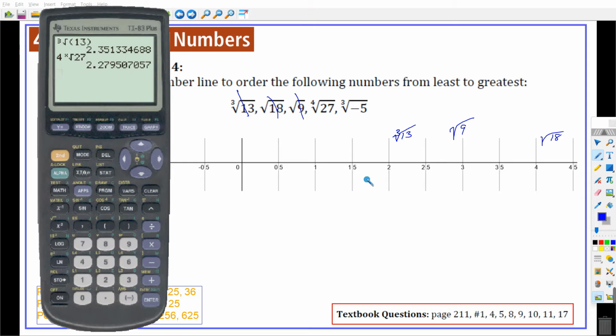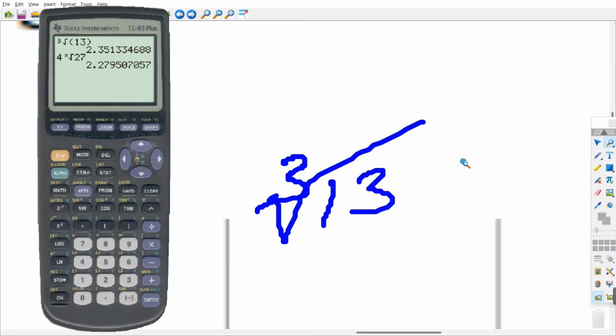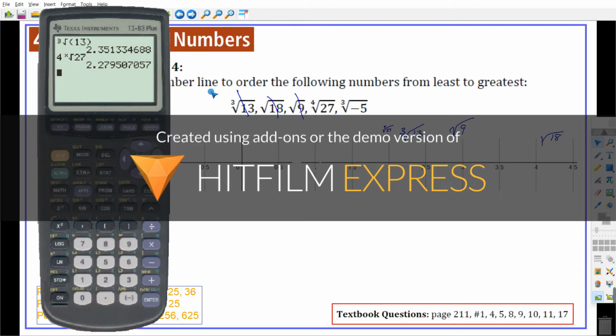So you can see that they're very close. It's going to be pretty tough to estimate those. If I was to zoom in, we could move the cube root of 13 over a bit and put the fourth root of 27 just under it.